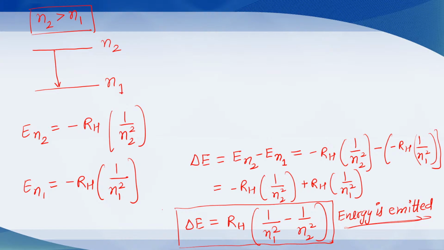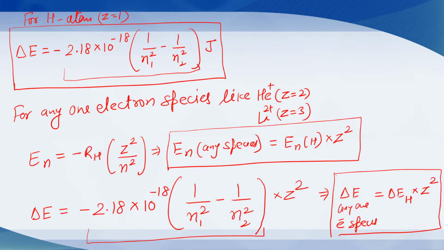Now, from this expression, delta E equals this. Let us say for hydrogen atom, we have written delta E equal to 2.18 into 10 raised to power minus 18 into 1 upon n1 square minus 1 upon n2 square joule.